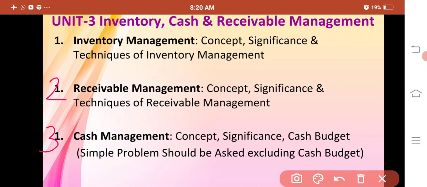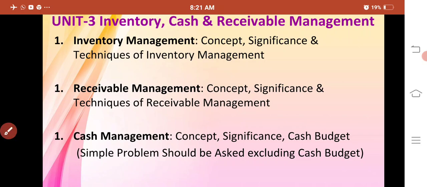Now, in cash management, we are going to have the explanation of the cash budget. Cash budget is a really important point. We are going to study the format of the cash budget and how the cash budget is important in the organization.